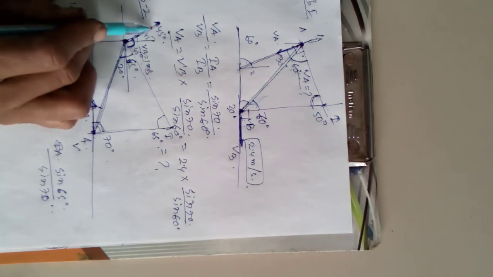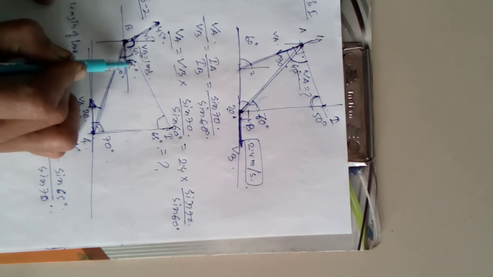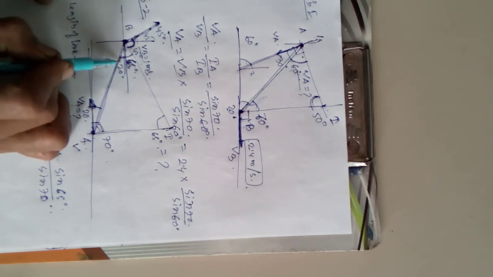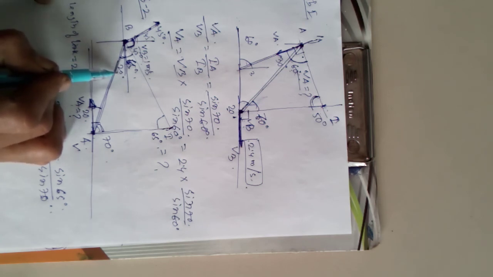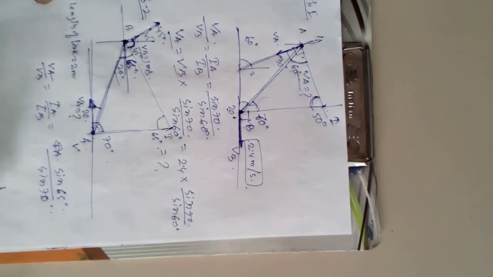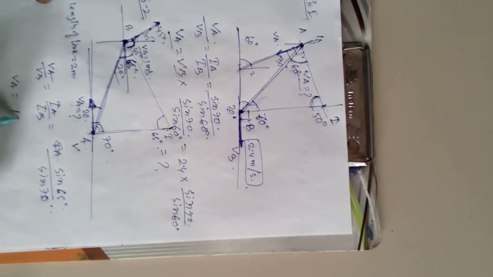Okay, so here that is 45, so that will also be 45, 45 plus 20, so that is 65. Using this, VA is unknown, VB is known, 1 meter per second, so VA is equal to 1 into sine 65 by sine 70 degree.